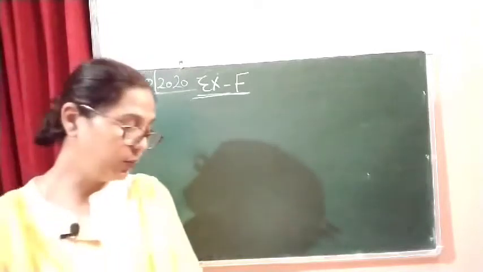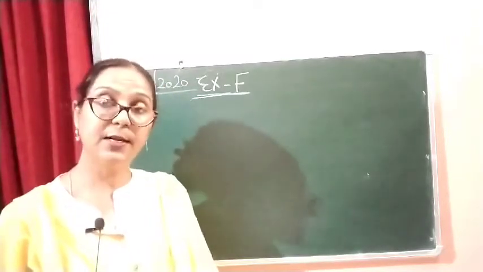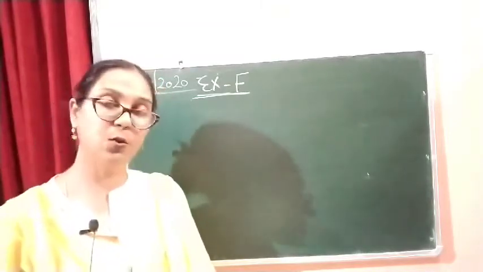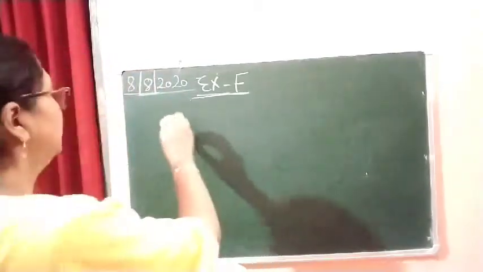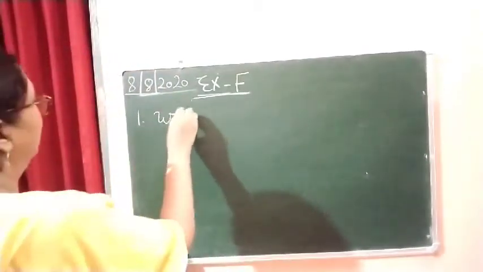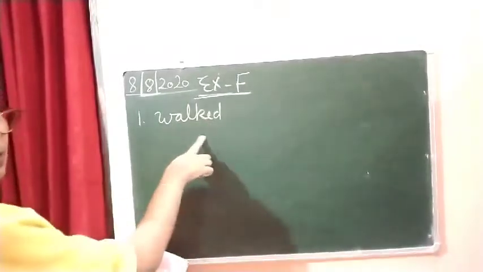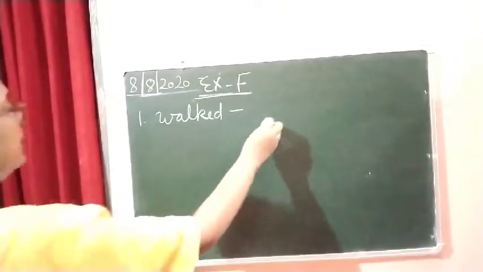The boy walked up the slope. The bold word written is walked. I am only writing the bold words over here. In first, it is written walked. Now this is simple past.